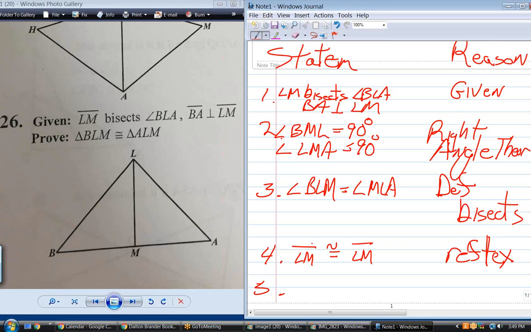In all of the two-column proofs I've seen, especially regarding congruent triangles, you need three pieces, and at the moment, we only have two. So now that we say LM is congruent to LM, now we can say the two triangles are congruent based on what? ASA. Yeah.